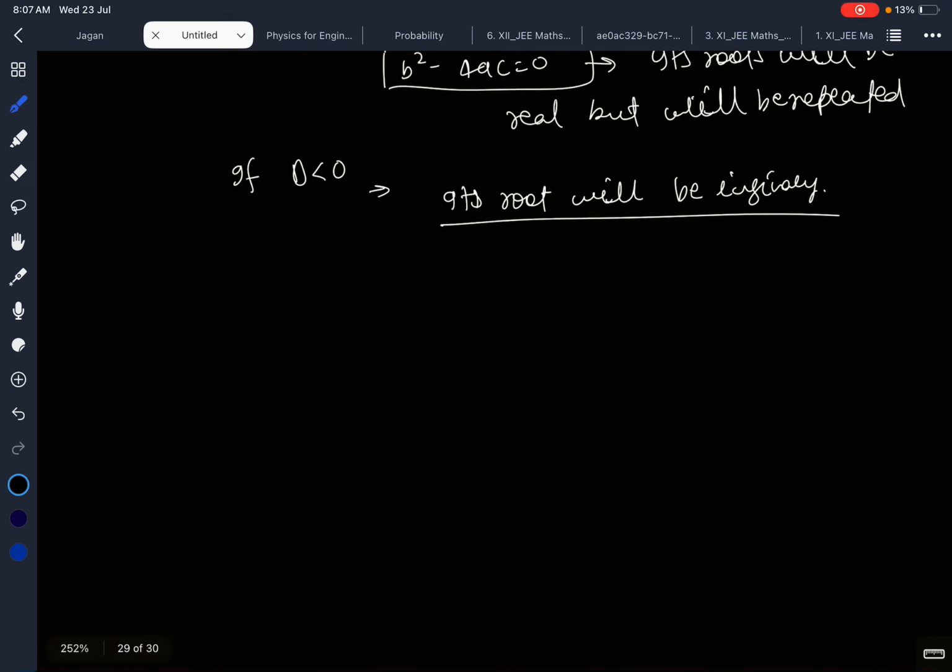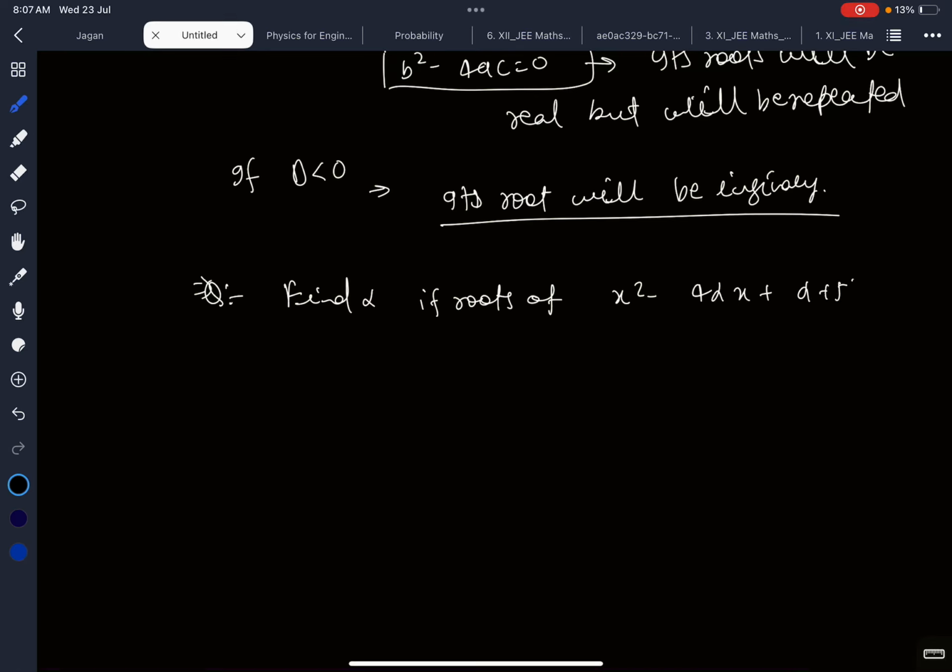Let's proceed with one question, which is: find alpha if roots of x square minus 4 alpha x plus alpha plus 5 are real and distinct. So what we are given is alpha.